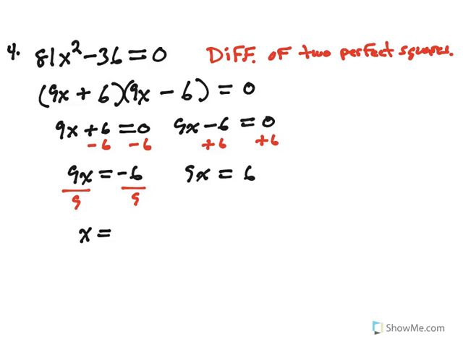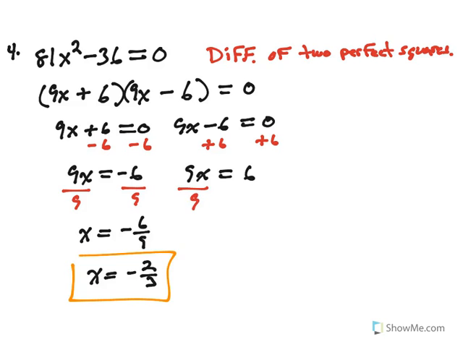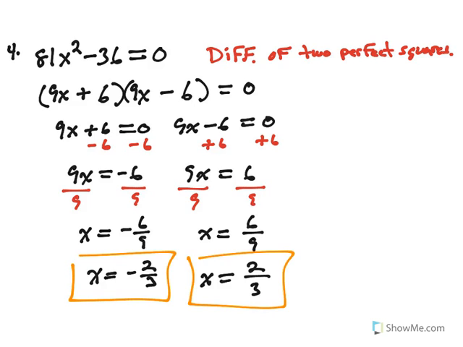And that's going to give me x equals negative 6 over 9, which reduces to negative 2/3 if I divide both numbers by 3. Because we want to reduce our fractions. I'm going to do the same here. I'm going to get x equals 6 over 9. Again, if I reduce it, I get x equals positive 2 over 3. And then that is my answer for that.